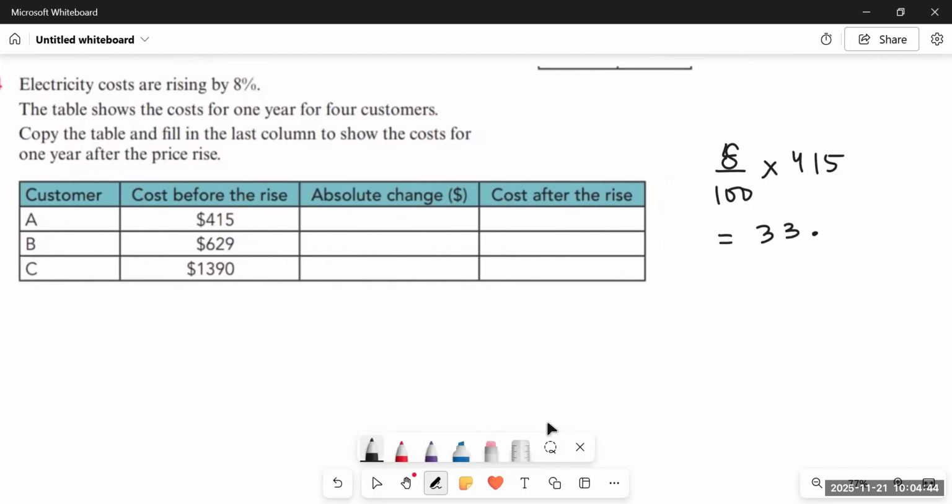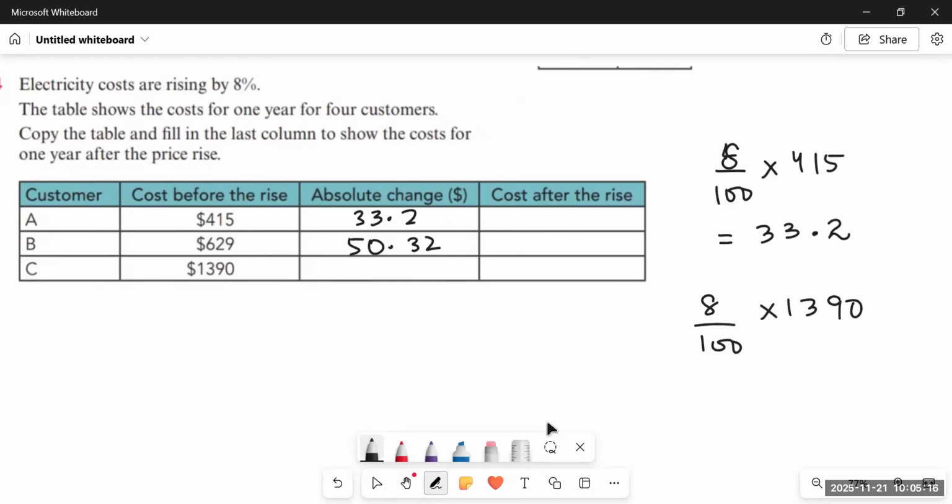So we will get 33.2. It means the cost of electricity for customer A will increase by $33.2, right? Then for the second customer, it would be 6.29 multiplied by 8, and that's 50.32, right? And for the third customer, it would be 8 over 100 multiplied by 1390.